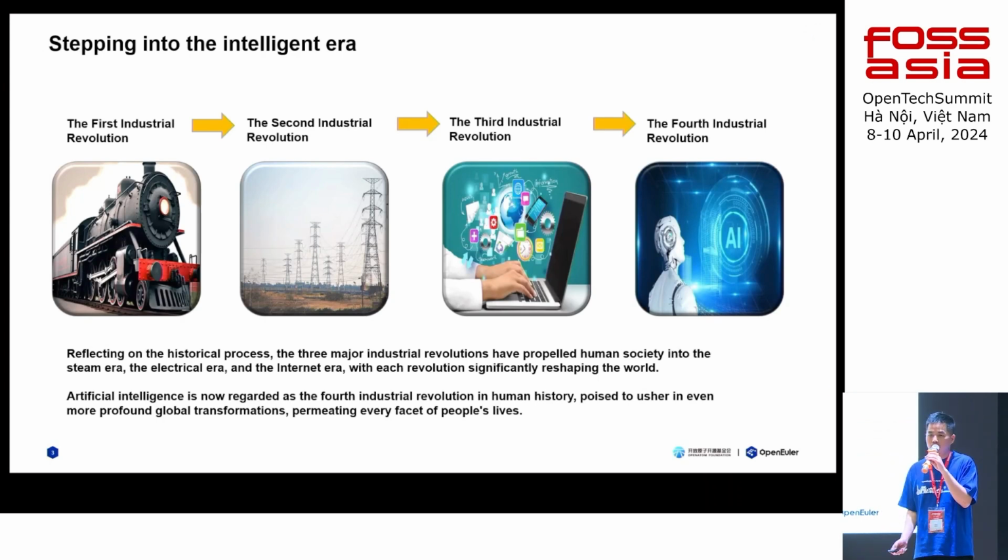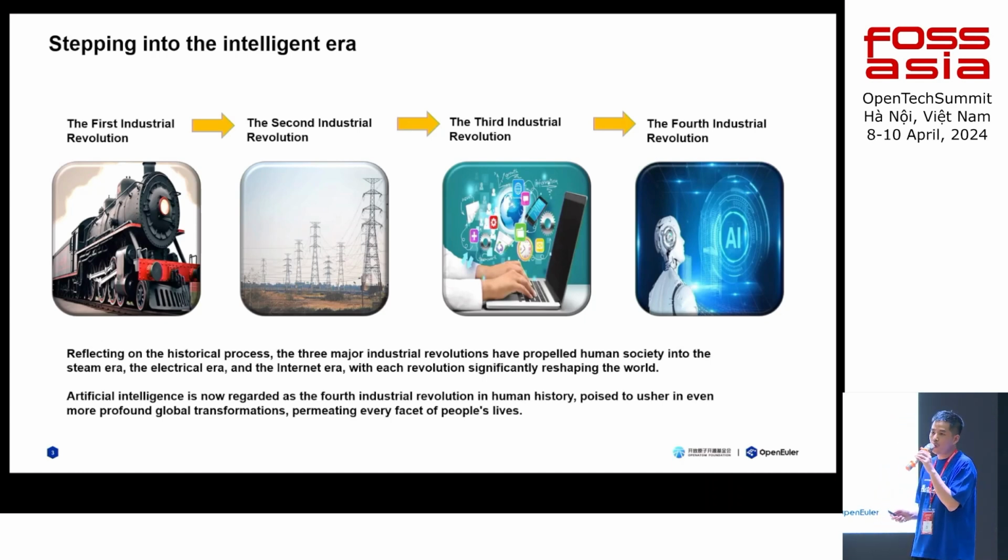First, we are stepping into the intelligent era. Reflecting on the historical process, the three major industrial revolutions have propelled human society into the steam engine era, the electric era, and the internet era. Each revolution reshaped our lives and the world deeply.